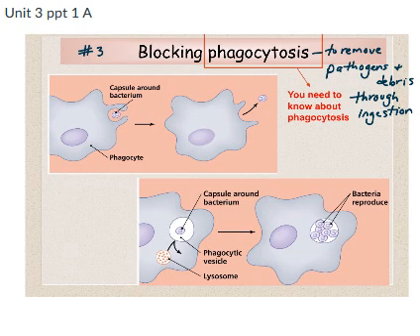So one aspect of that is blocking phagocytosis. Phagocytosis is the ability to remove pathogens and debris through ingestion. You have a phagocyte, which we will talk about much more in the second half of this unit, part of your immune system.